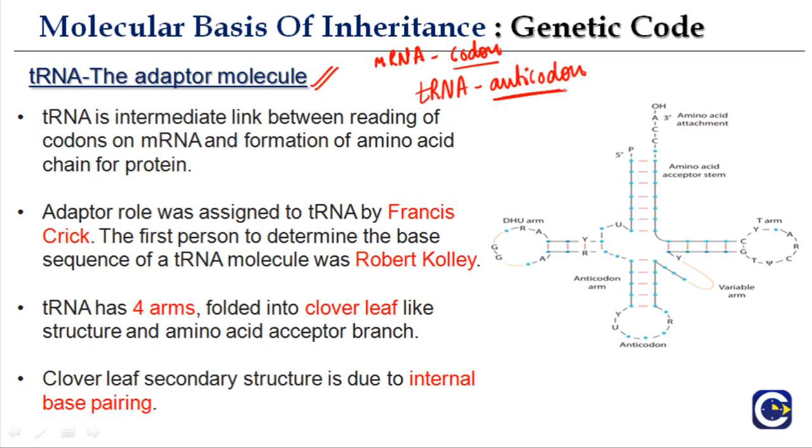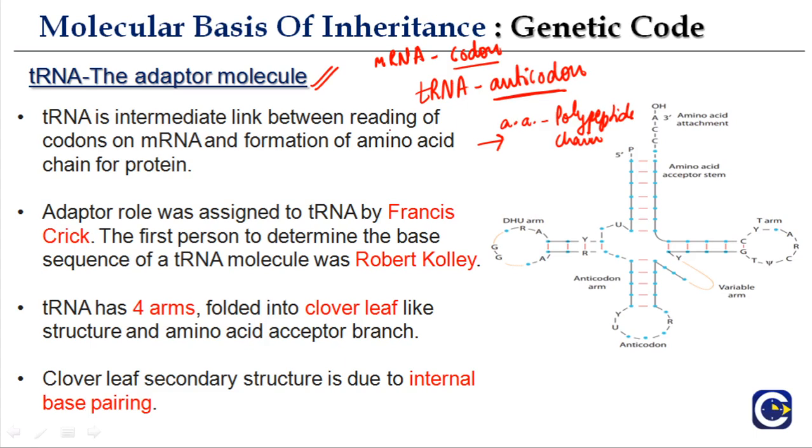This has the anticodon structure that will recognize the codon on mRNA and ultimately result in addition of amino acid and formation of the polypeptide chain. This will become more clear in the next part, which is translation. But for now, we need to understand what is tRNA.